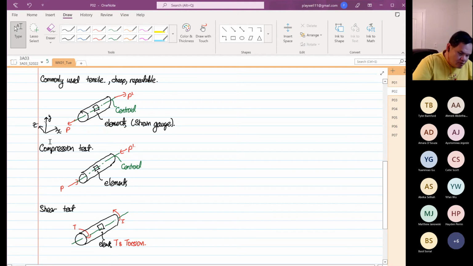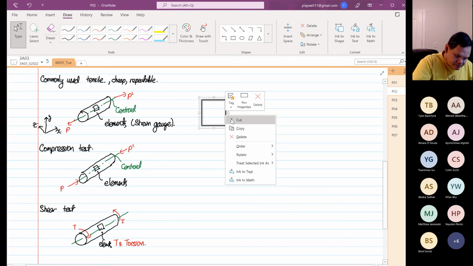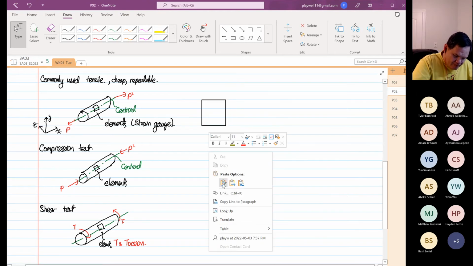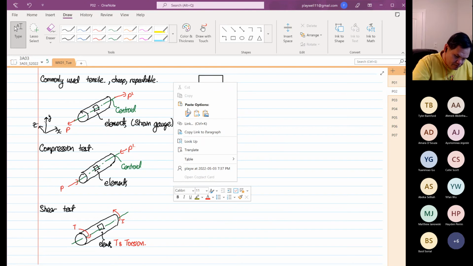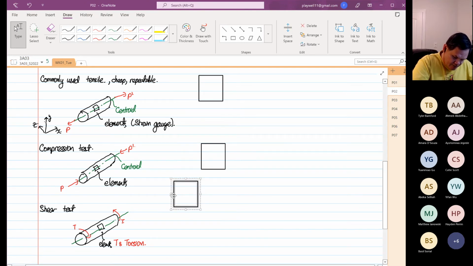So now we draw the element. We sketch out the element. So this is the element. All of them have an element, and the last one also has an element.